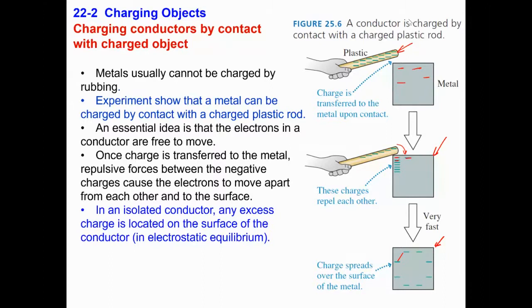If you have an object that is charged, especially if it's positive charge, when you touch it, the free electrons will move to the charged object, and they will leave behind a positive charge, and vice versa. So in an isolated conductor, any excess charge is located on the surface of the conductor, in electrostatic equilibrium. We will see this in a future lecture.